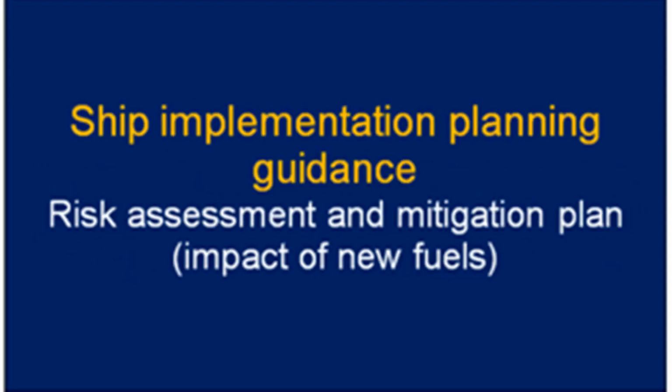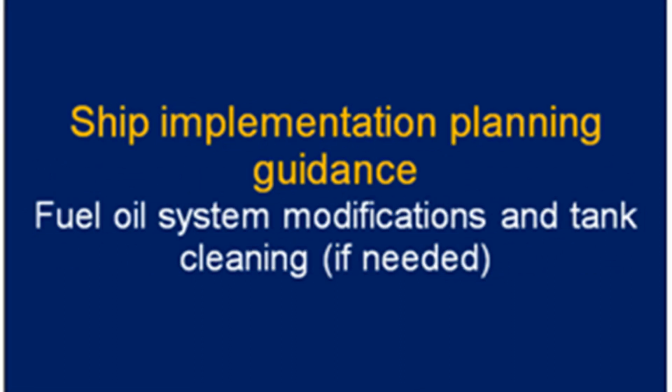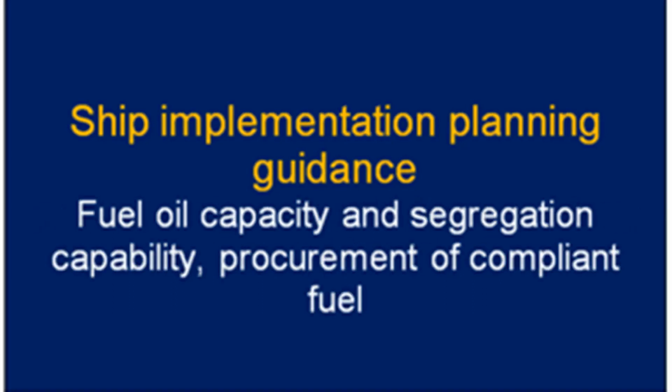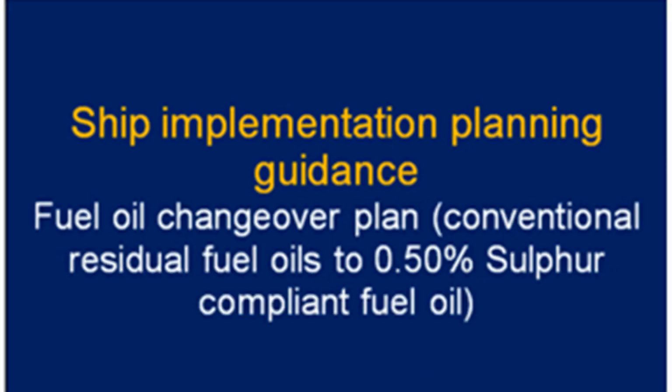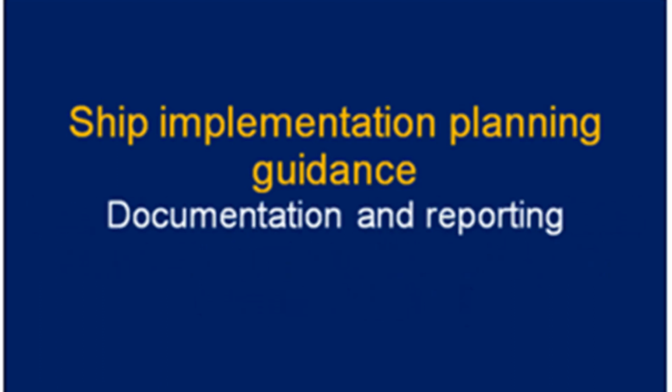The ship implementation planning guidance includes sections on risk assessment and mitigation plan, impact of new fuels, fuel oil system modification and tank cleaning if needed, fuel oil capability and segregation capability, procurement of compliant fuel, fuel oil changeover plan, conventional residual fuel oils to 0.5% sulfur compliant fuel oil, and documentation and reporting.